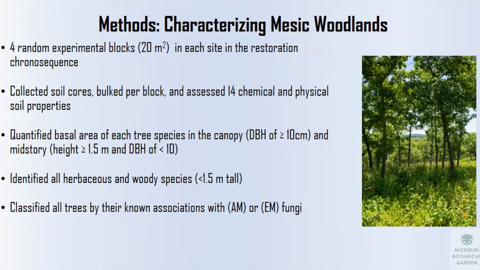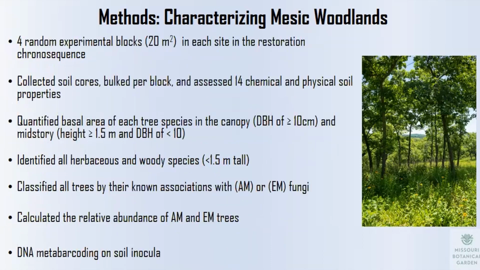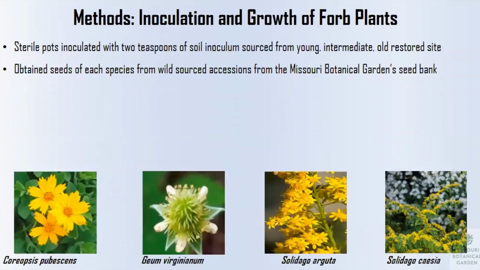We classified trees by their known association with either AM or EM fungi. So again, trees can have associations with fungi which could drive differences in soil microbial communities. So we wanted to know what is the abundance and the density of these particular trees in these habitats. And we calculated the relative abundance of these trees, and again, we DNA metabarcoded the soil inocula.